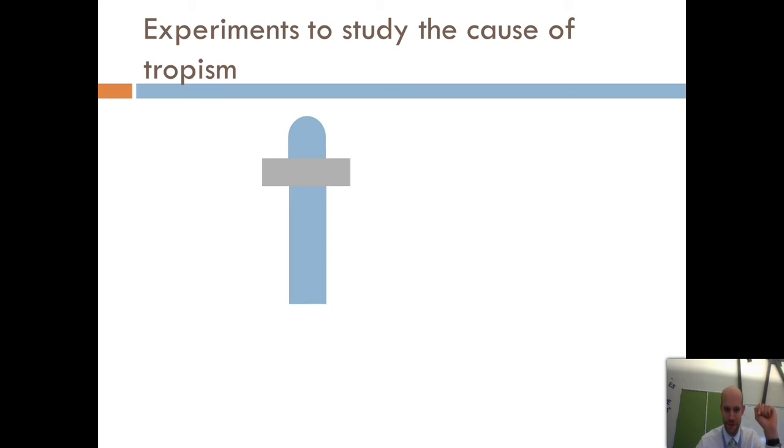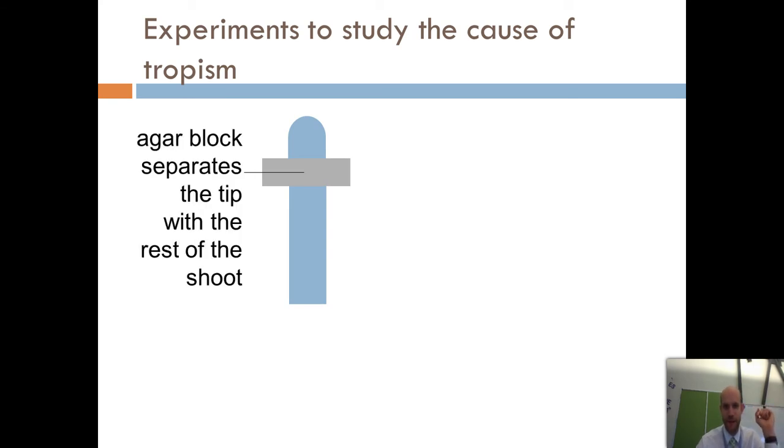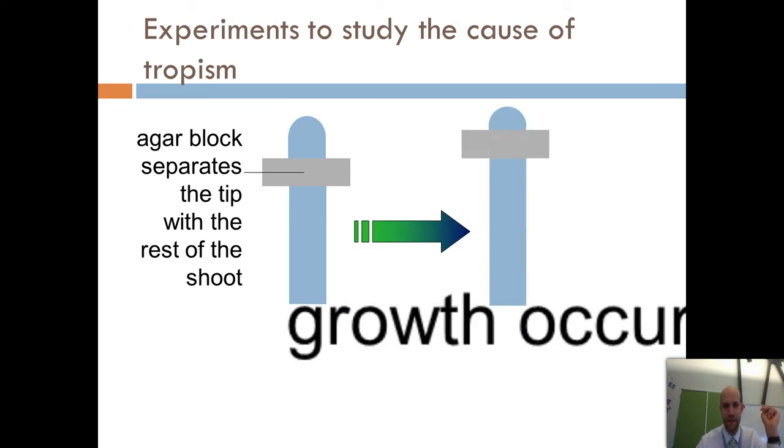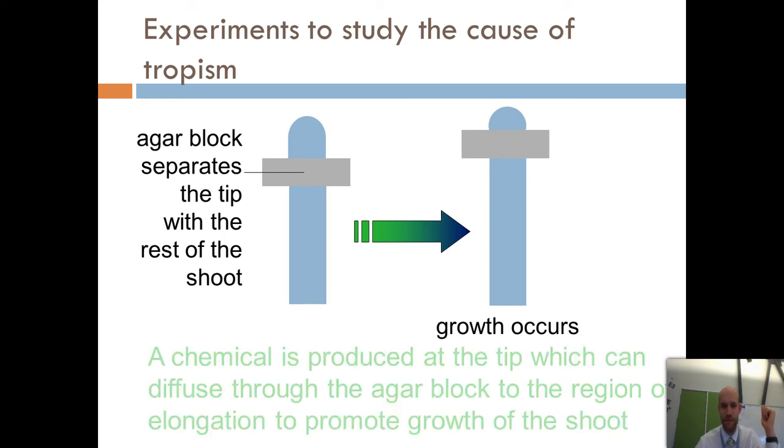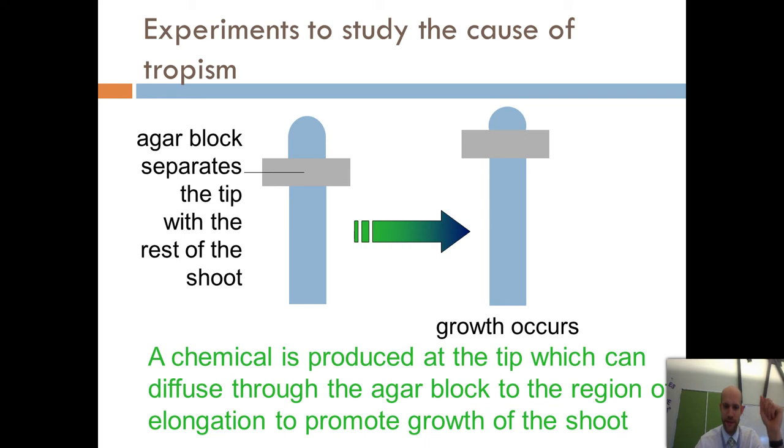Now, here's a really cool experiment. You take an agar block. Chemicals can diffuse through this, but there's no physical connection. When we do that, elongation still occurs in the zone of elongation, and the shoot grows. In other words, there is a chemical that is being produced at the tip, which is diffusing through the agar into the zone of elongation, promoting its growth.